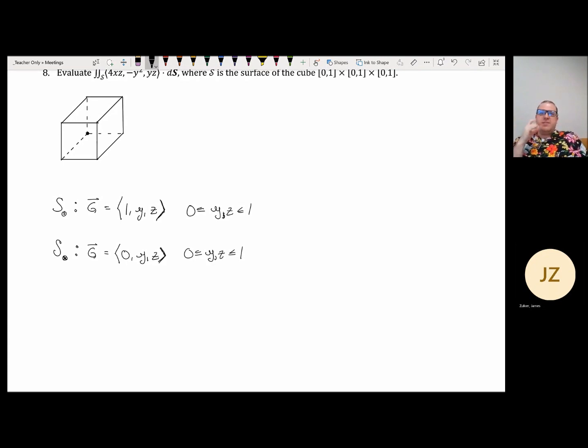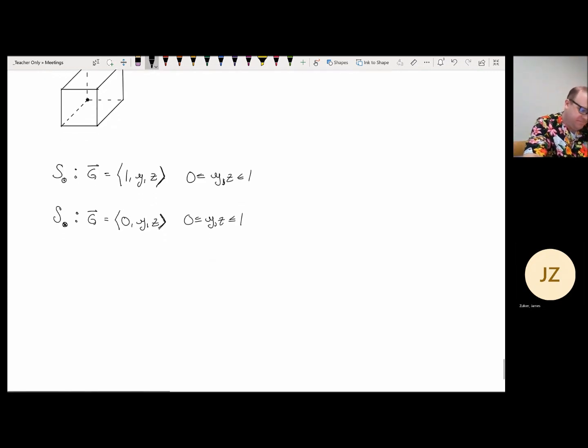Well, the other 4 facings are going to be similar, right? You're going to have your 2 side facings where your Y is going to be constant, and then X and Z can range from 0 to 1. Then you have your top and bottom facings where your Z will be constant and your X and Y will range from 0 to 1. So the facings at least have simple parameterizations. Right facing.